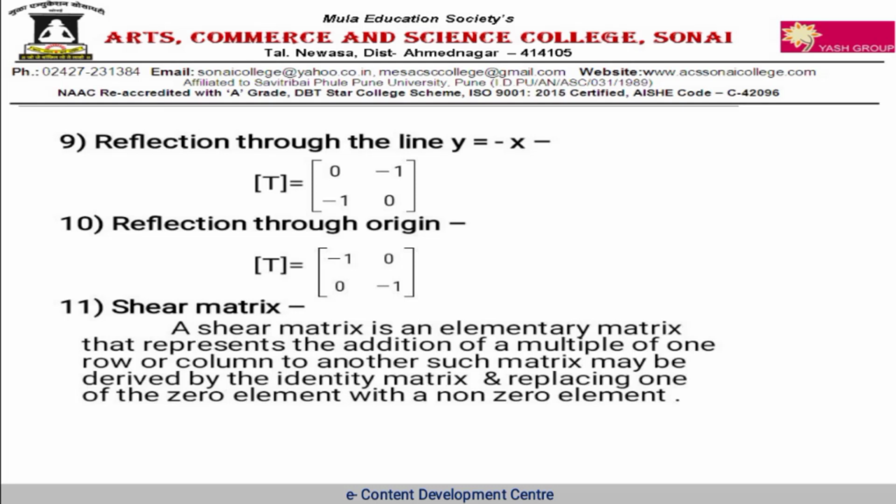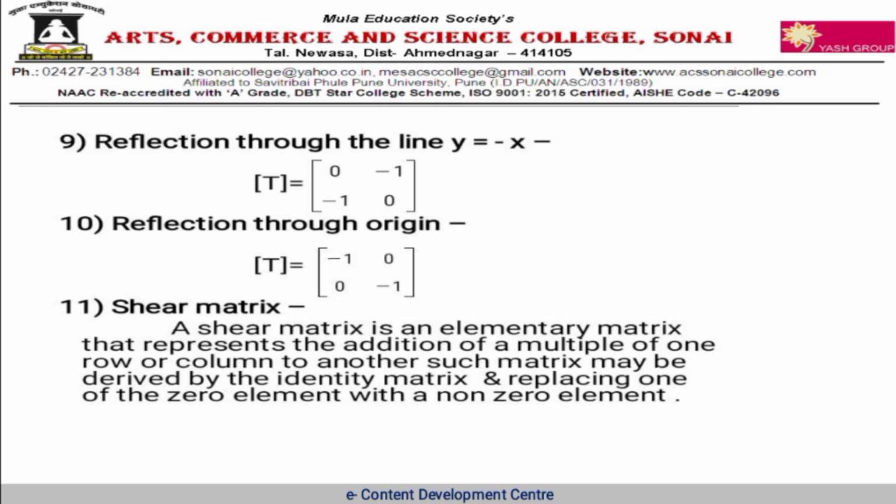The ninth effect is reflection through the line y equal to minus x. So we have the transformation matrix T equal to 0 minus 1 minus 1 0. Here the signs of the ones are negative.